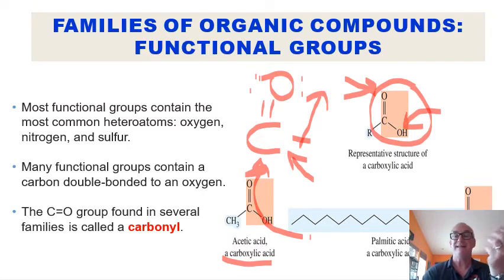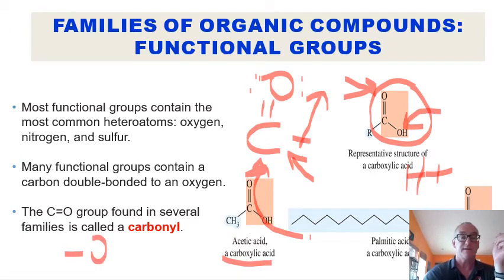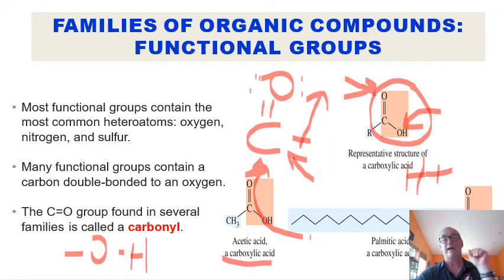It makes it give this proton away more than it would. An alcohol, which we'll also learn about, also has a hydroxyl group, but it doesn't have that oxygen next to the carbon withdrawing electrons from it. And so it's not nearly as acidic as this particular group.